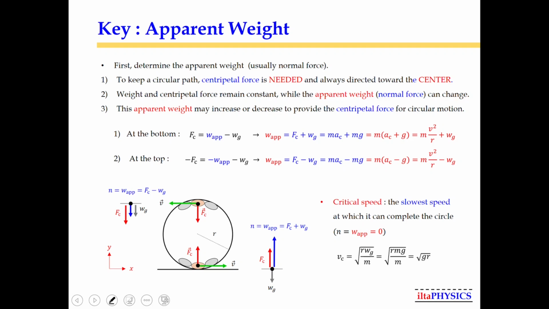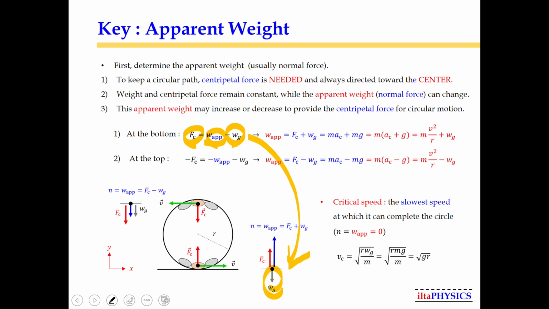Remember that we need centripetal force for circular motion, and that centripetal force must be the result of the normal force, called apparent weight, and the gravitational force, which is called weight. Taking the directions into account, the equation is centripetal force equals apparent weight minus weight. Please keep in mind that since weight points downward in our coordinate system, it will have a minus sign.